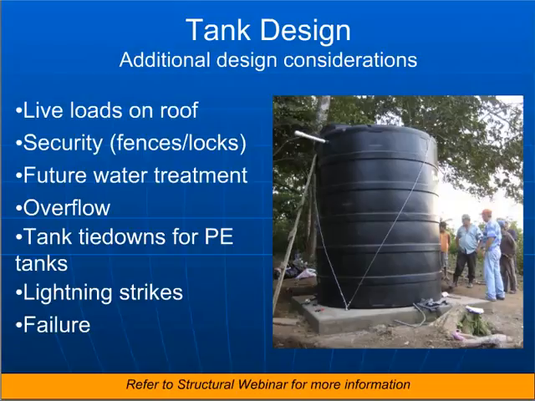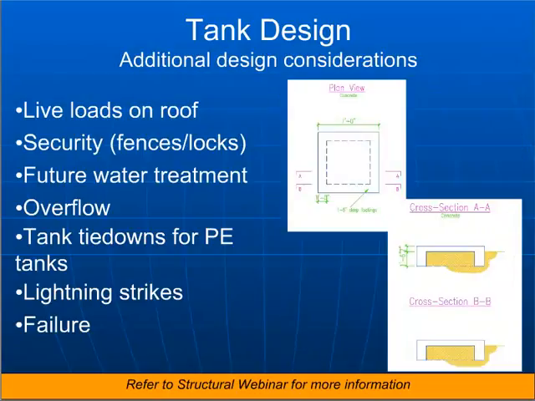Security is also an issue, making sure that access to the tank is controlled by some type of locking mechanism. Providing adequate overflow can be important as well, making sure that if you do have a float valve on the tank and that float valve fails, then what are the provisions for handling any overflow that might occur, making sure that that overflow doesn't lead to erosion problems.